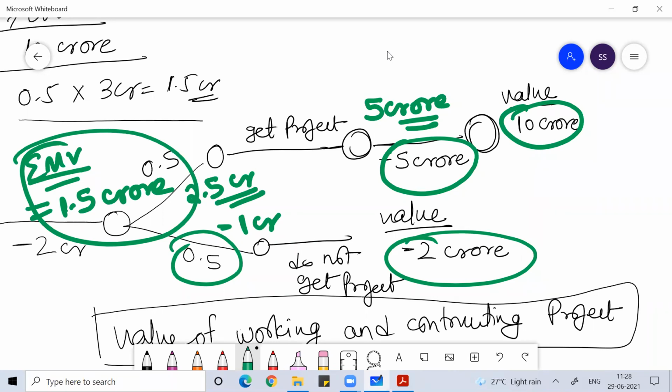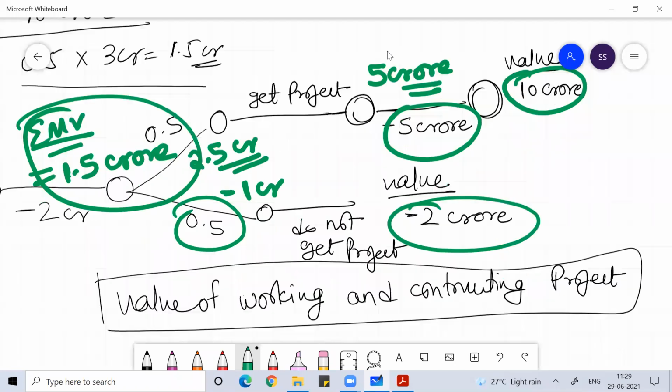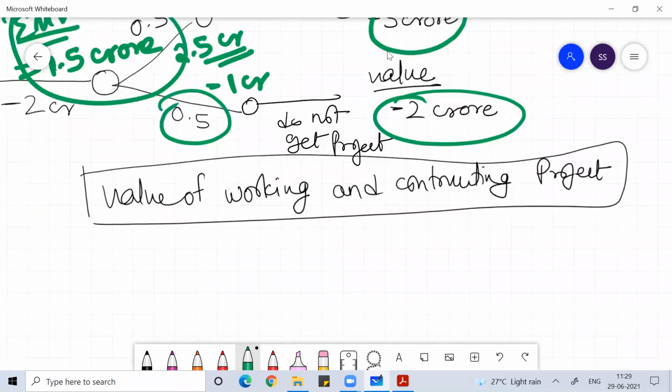Understood, everyone? Any doubt? This part is clear, right? If I do construction by myself, this part is clear with you.